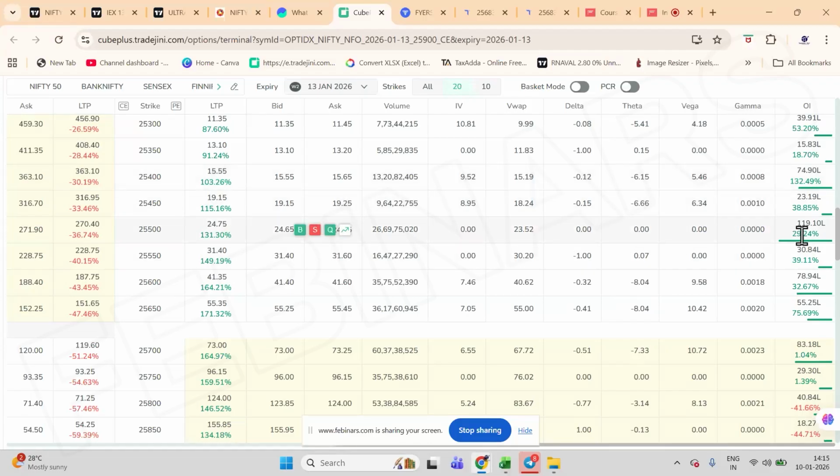See, 25,500, the major build up is there in the open interest, even also on the change in open interest.